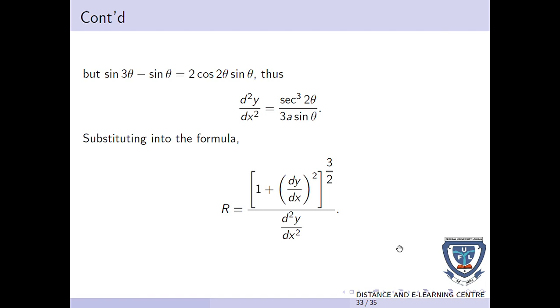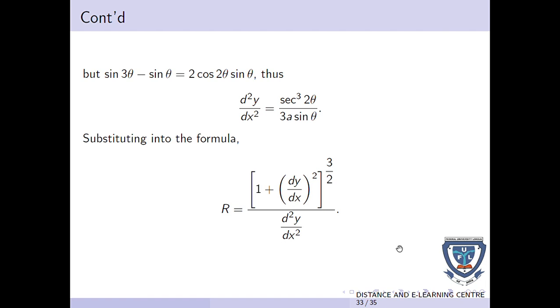But sin 3 theta minus sin theta is equal to 2 cos 2 theta sin theta. Thus, the double derivative, d squared y over dx squared, will be equal to sec cubed 2 theta all over 3a sin theta.